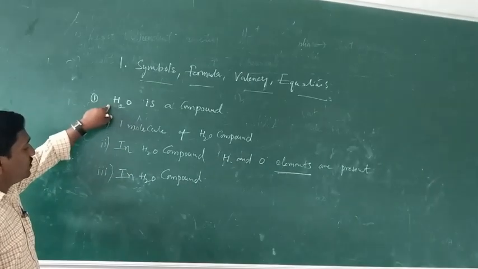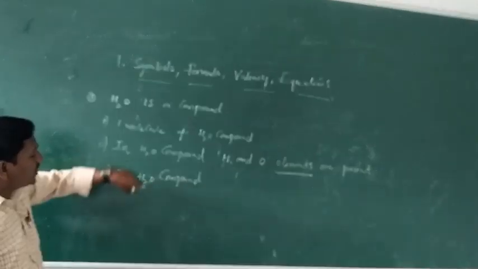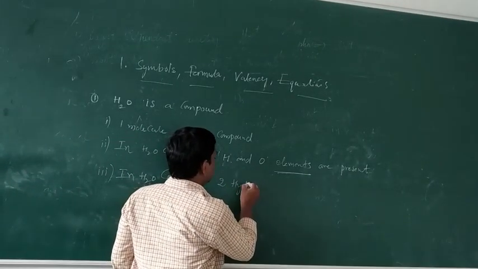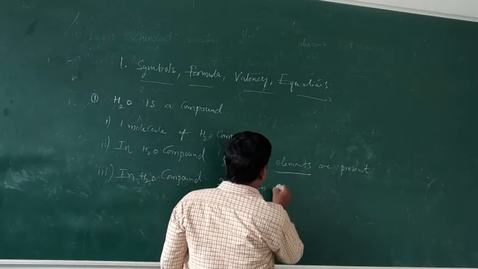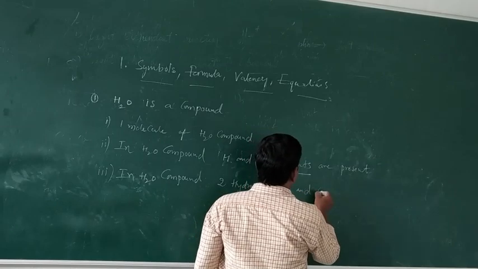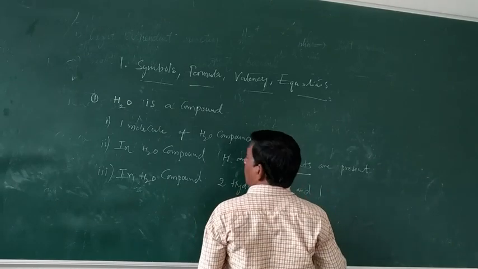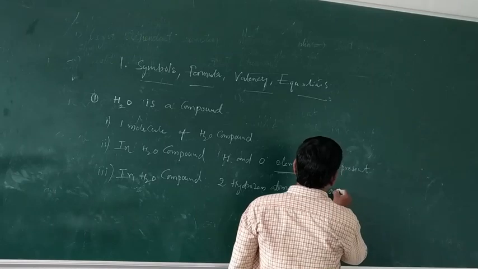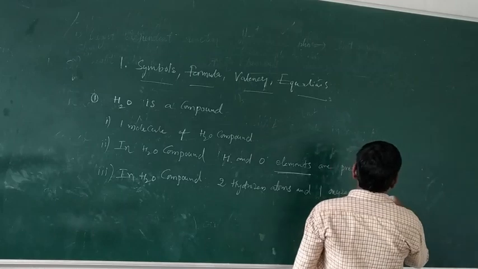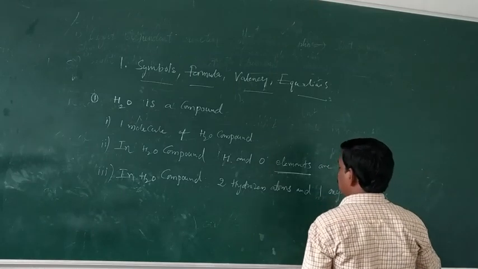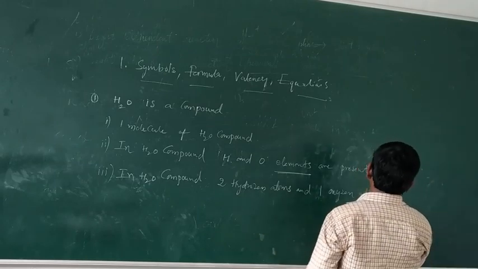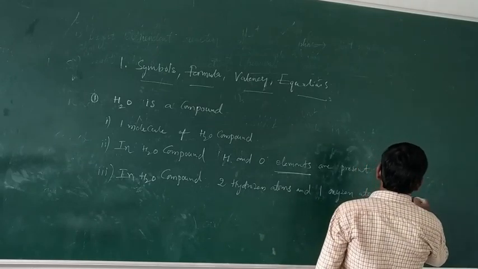two hydrogen atoms. How many hydrogen atoms are there? Two hydrogen atoms and one oxygen atom are there, or two hydrogen atoms and one oxygen atom are present.